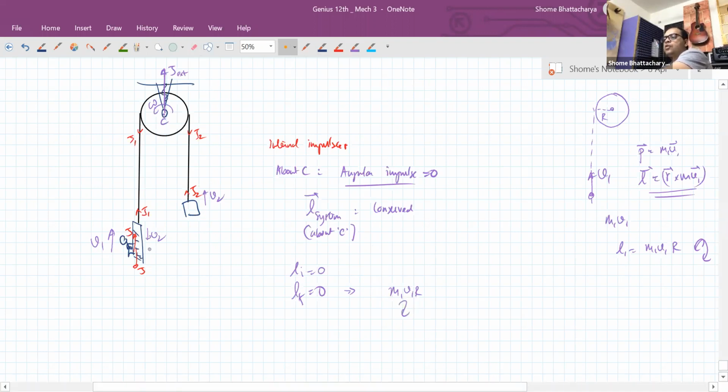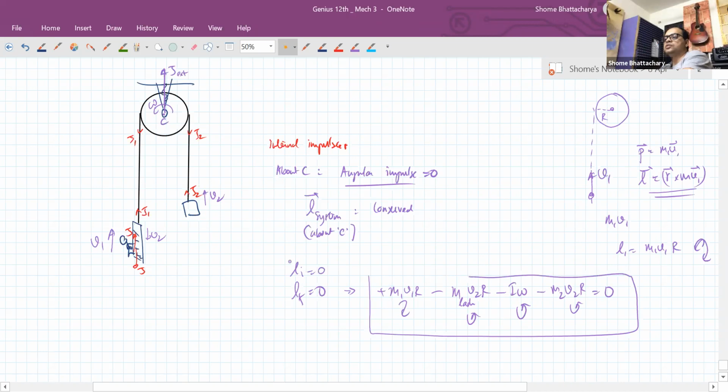So if I have written clockwise as positive, then the ladder's angular momentum is negative. The pulley's angular momentum is negative, and the counterbalance on the other side, its angular momentum is also anti-clockwise, so it's negative. So this total angular momentum should be 0 because the initial angular momentum was 0.